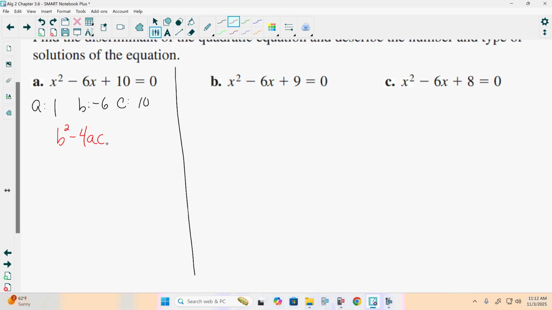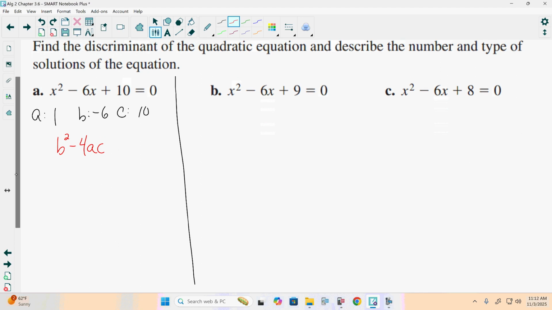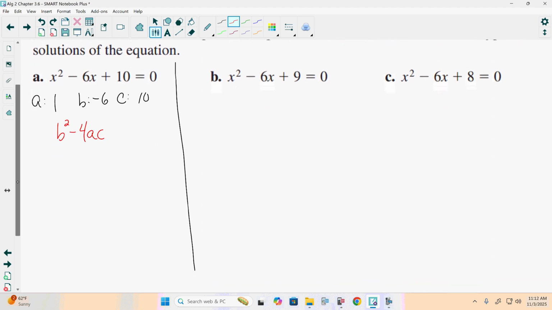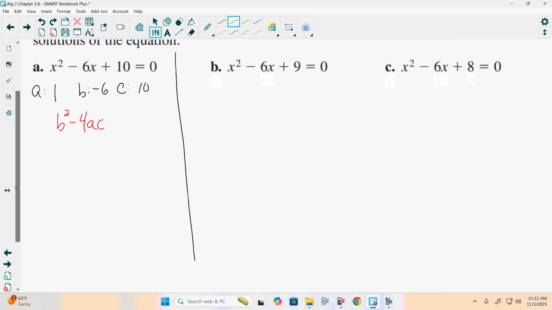Now for these, it's wanting us to find the discriminant, and describe the number and type of solutions. So we're looking at b squared minus 4ac. Well, b for us is -6, so we have -6 squared minus 4 times 1 times 10.